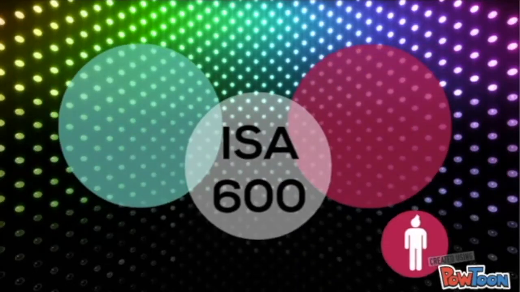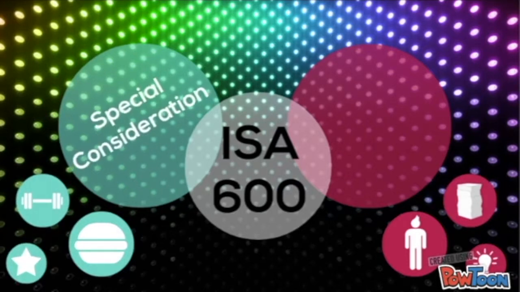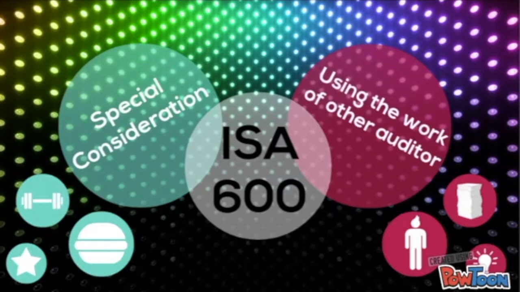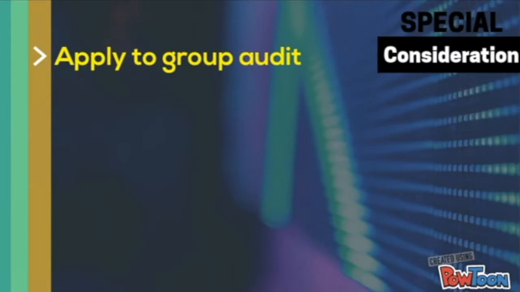ISA 600 states two things related to group audit. The first one is special considerations. The second one is using the work of other auditors. This ISA deals with special considerations that apply to group audits, in particular those that involve component auditors.